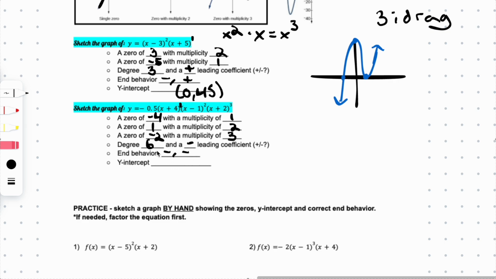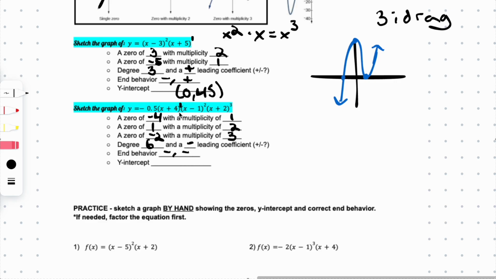And our y-intercept would just be plugging in 0. So we do 0 plus 4 is 4. And 0 minus 1 is -1. -1 squared is 1. 0 plus 2 is 2. 2 to the third is 8. So now we do -0.5 times 4. And sorry, I'm just doing this all in my head.